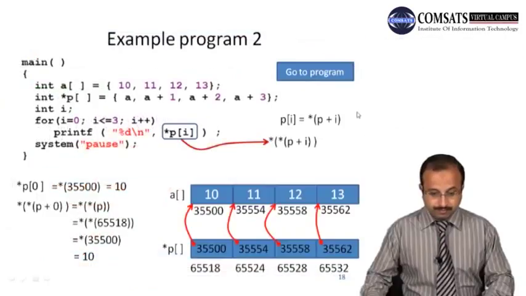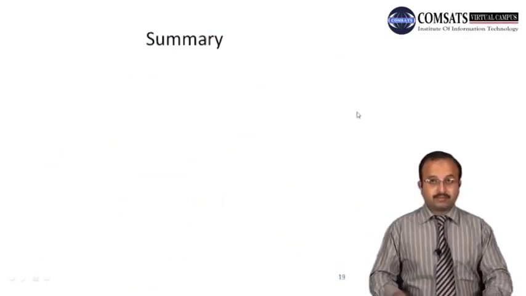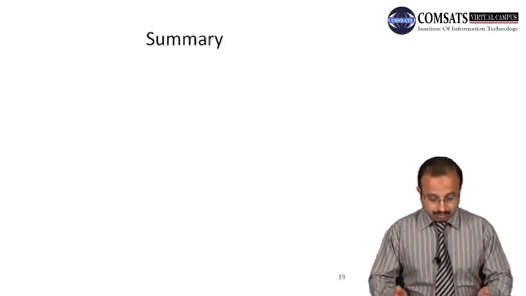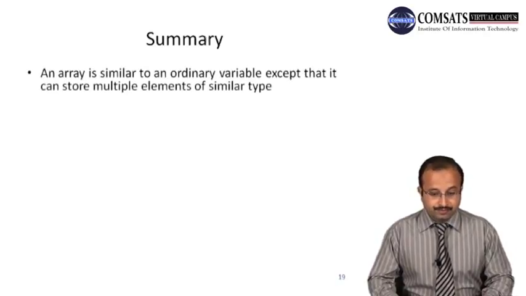Let's go to the slide and let me summarize our arrays section, which we saw in the 2-3 lectures on arrays. An array is similar to an ordinary variable except that it can store multiple elements of similar type. So you have to remember, it can store more than one value, and all those values are of the same type.